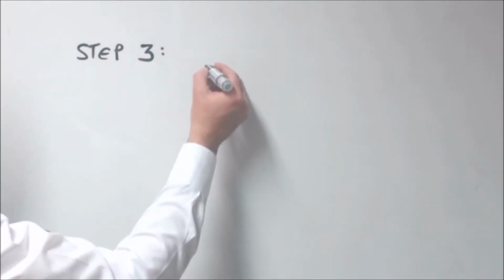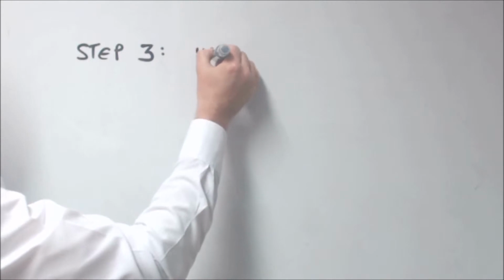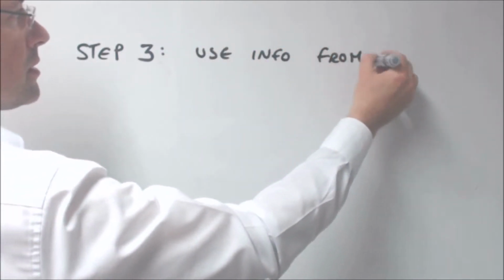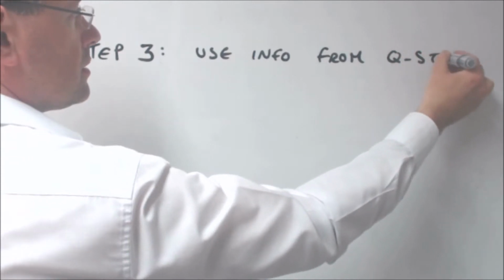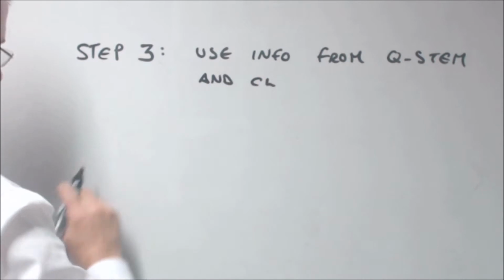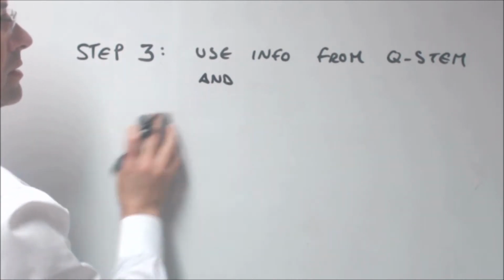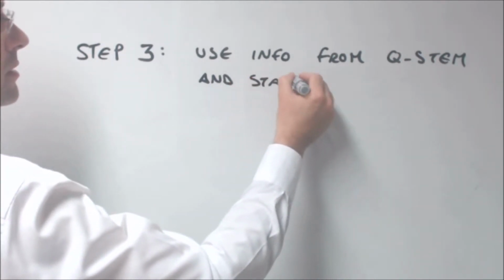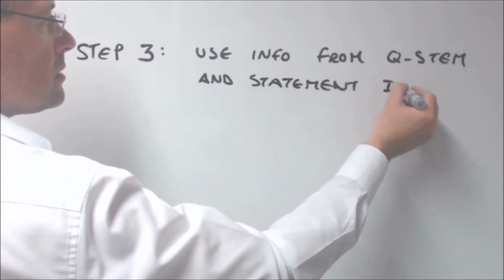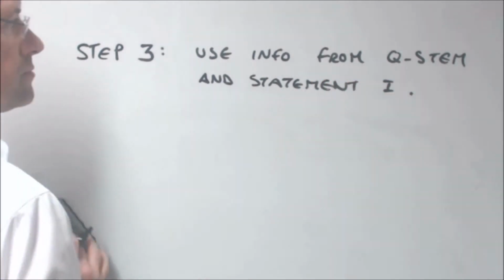Right, now step 3 is where we start analyzing the additional information. We start by analyzing only the information provided in the question stem, which we've already established, and the additional information provided in statement 1. Okay, I sometimes refer to this as clue 1, but really it should be considered statement 1.